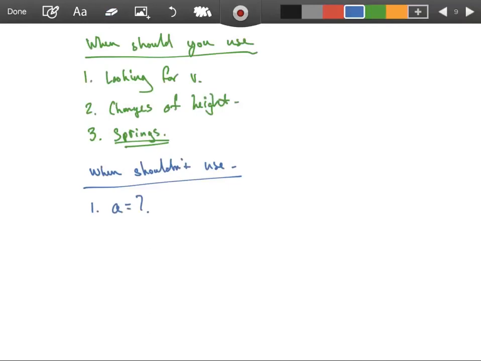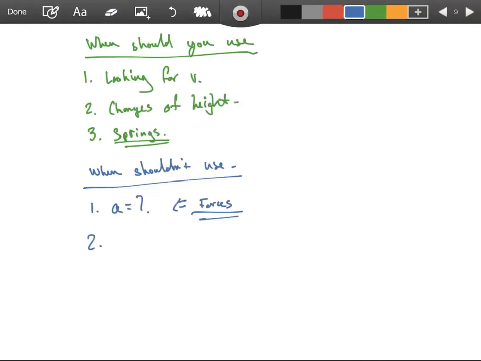Conservation of energy has velocity, so I could technically find the velocity and then take the derivative of the velocity to get the acceleration. But typically, if I see something asking for an acceleration, I want to think about forces instead.